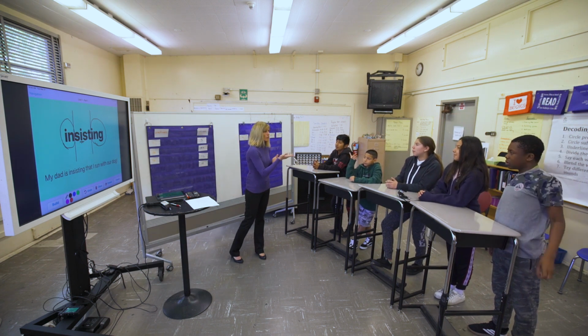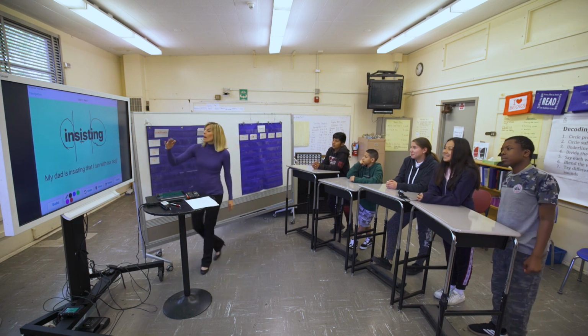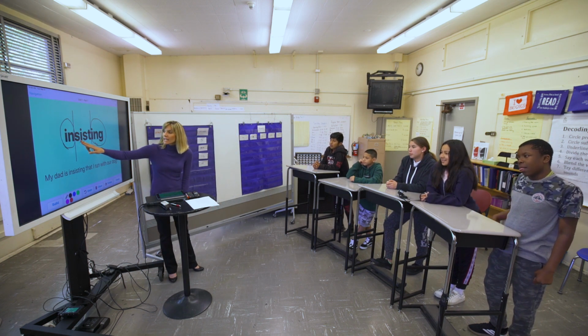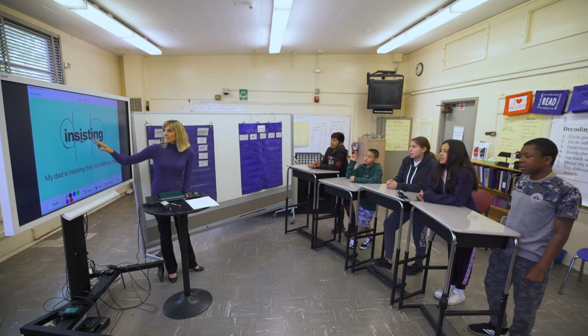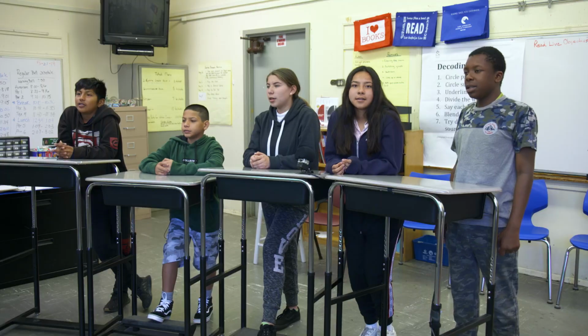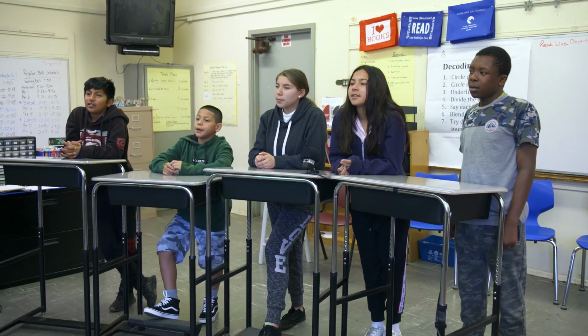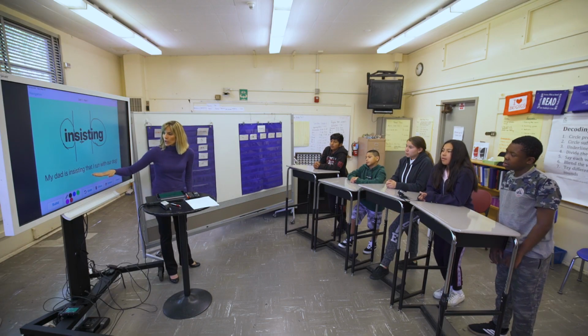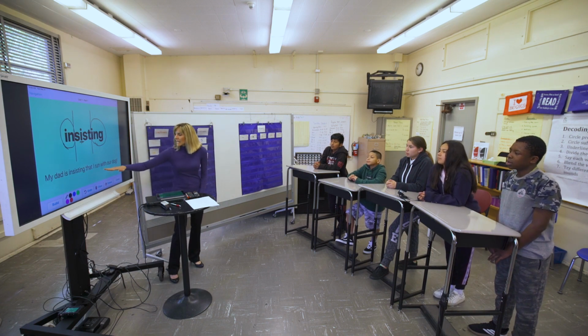Yes. The middle part, exactly. So I have to touch each sound and say it. Sist. And Insisting. Good job, guys. You got this. Say it again. Insisting. So now I have a sentence with the word. My dad is insisting that I run with our dog.